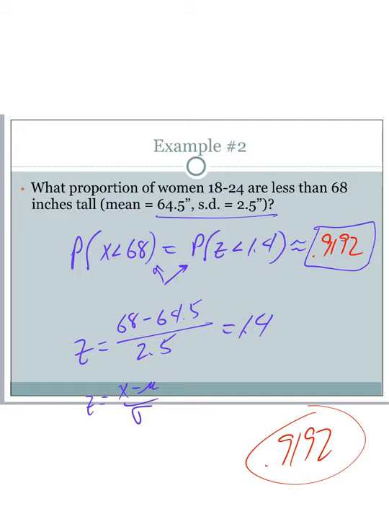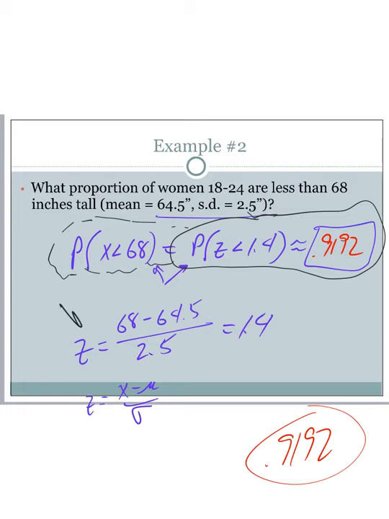So what we're doing here is showing that 0.9192 is the probability that somebody has a z-score of less than 1.4, or the probability that they have a height of less than 68. So you're just giving it context there, being able to write that statement. The z calculation can be on its own down here, but your answer should have a probability statement with it. So in other words, 91.92% of women, or about 92% of women, are shorter than 5'8", according to this model.